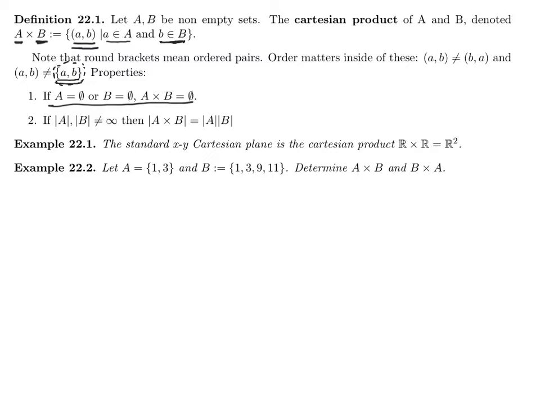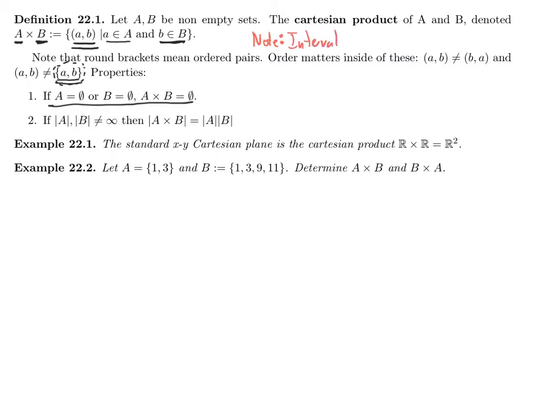I do want to note as well that it's the same notation as intervals, but hopefully in the context of the problem, you can tell whether they're talking about an interval or about an ordered pair, or in general, an ordered n-tuple if you have n things together.